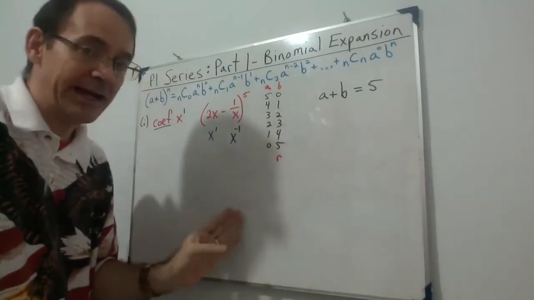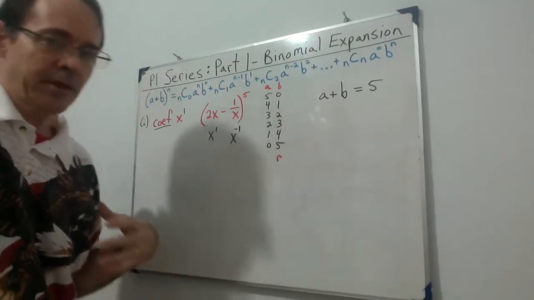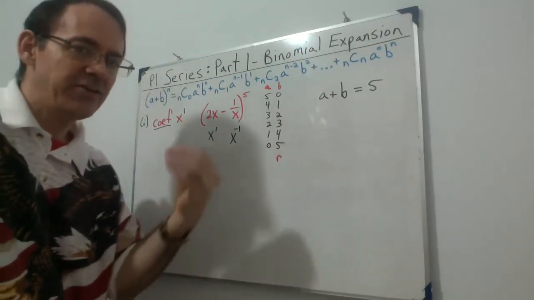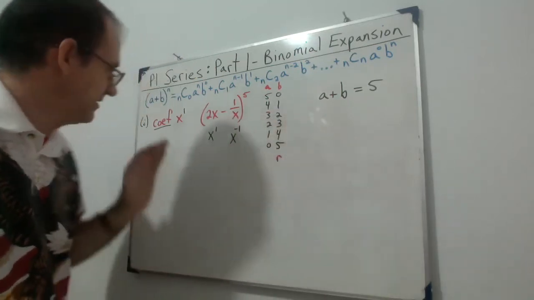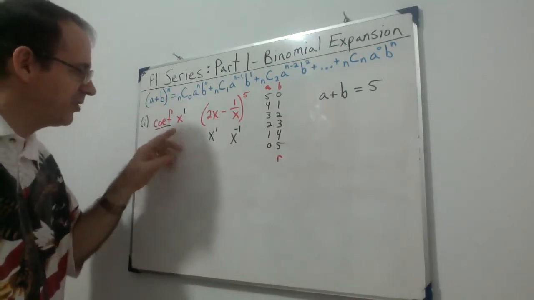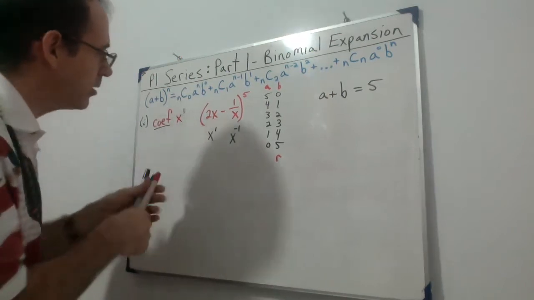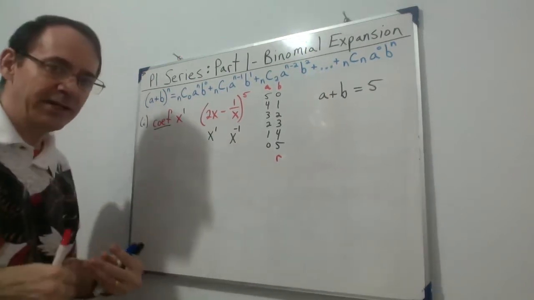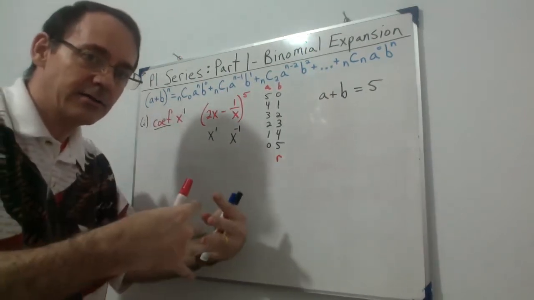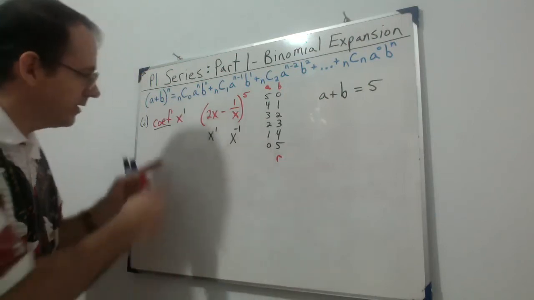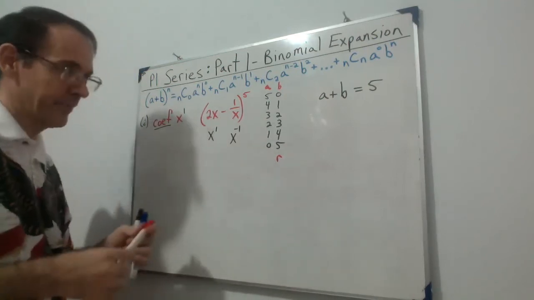Sometimes it will say, write out the first 3 terms, but it doesn't usually say, find the third term. It says, find the term with the coefficient of x, meaning our clue is the exponent in our answer needs to be a 1.